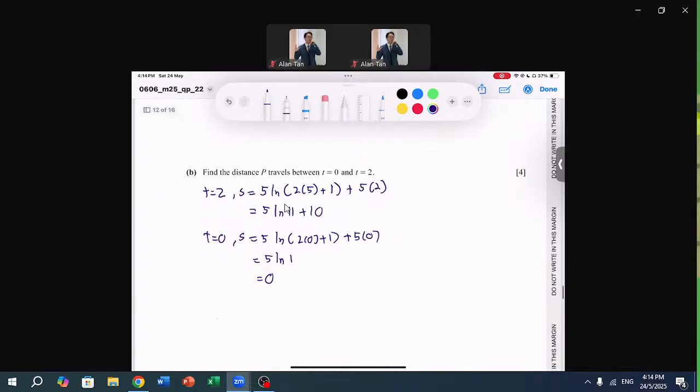So the distance traveled, s, equals 5 ln 5 minus 10, or s equals 21.989 meters.